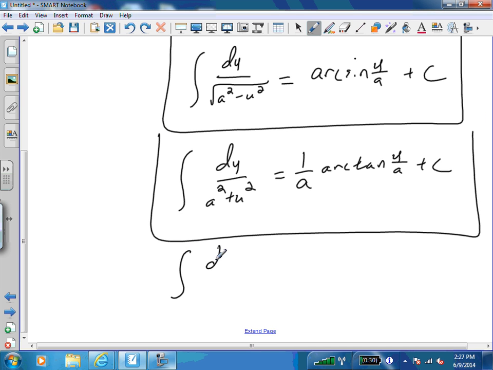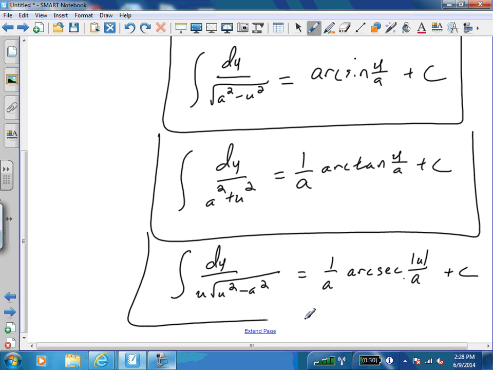And one more, du over u times the square root of u squared minus a squared, 1 over a arc secant of the absolute value of u over a plus c.